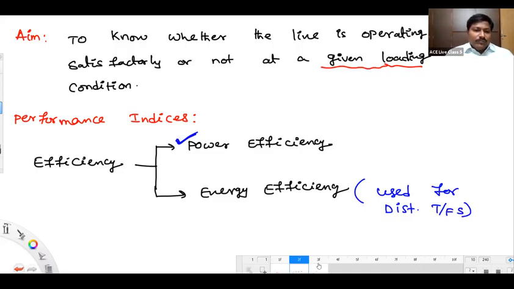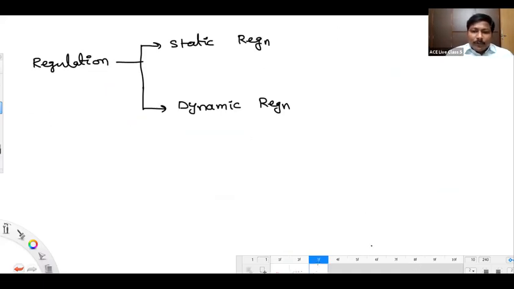Next thing. If you talk about regulation, we have two kinds. One is static, next one is dynamic. Static regulation is done for apparatus giving electrical power as output.